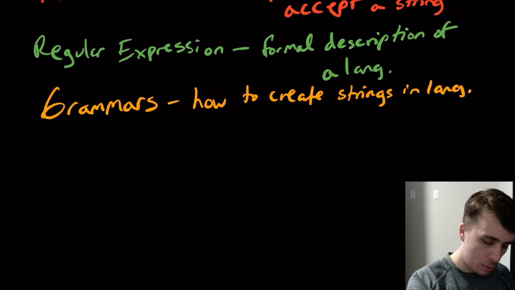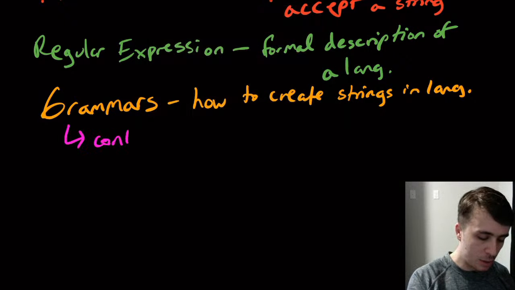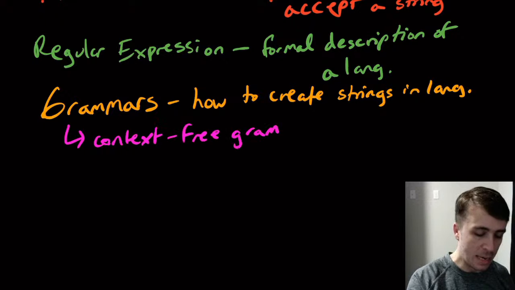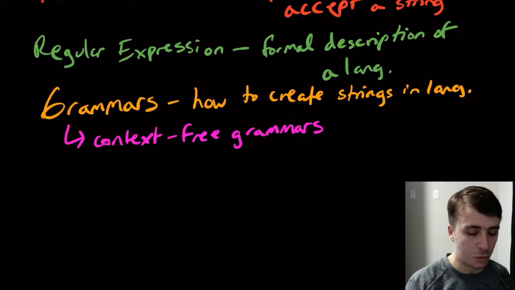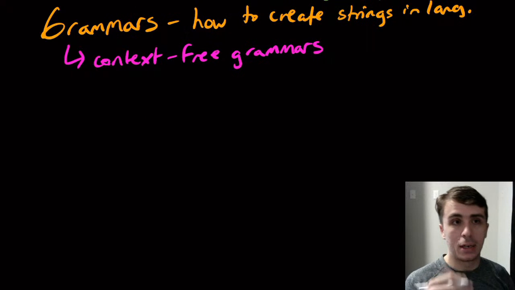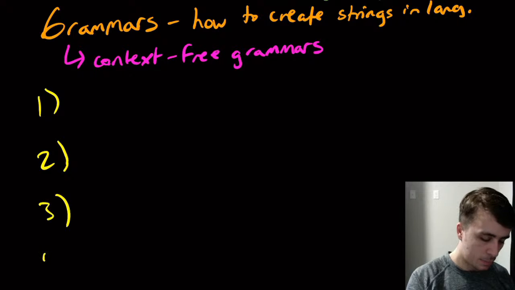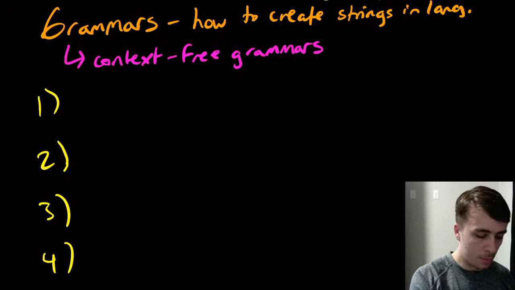So what we're going to be talking about here are context-free grammars. I'll tell you what the context-free means in a sec. There are 4 things that are in any grammar, whether or not it's context-free. The 4 aspects of any grammar whatsoever are the first one being variables, the second one being terminals.